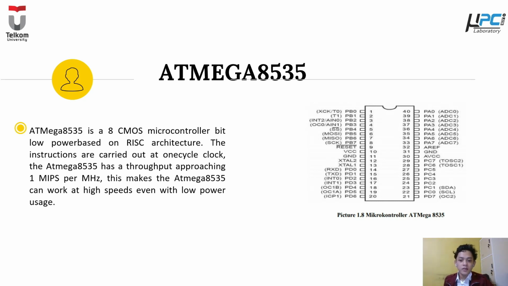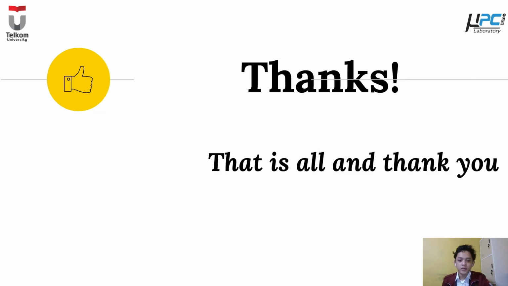This makes the ATmega 8535 can work at high speed even with low power usage. So you can see above me, there is a picture of microcontroller ATmega 8535, which consists of four parts, the A part, B part, C part, and D part.